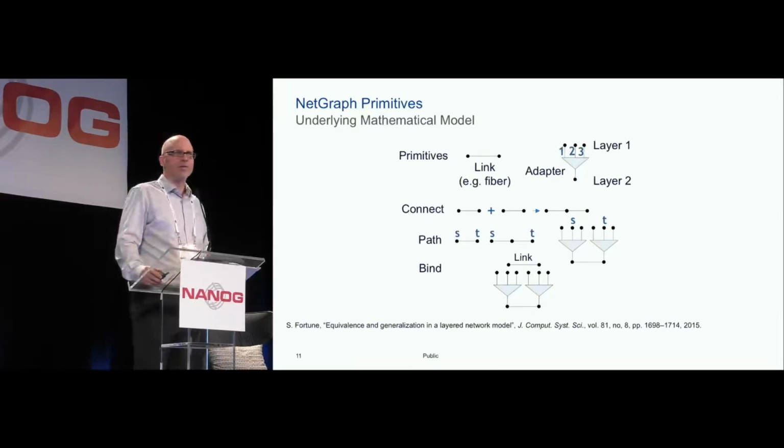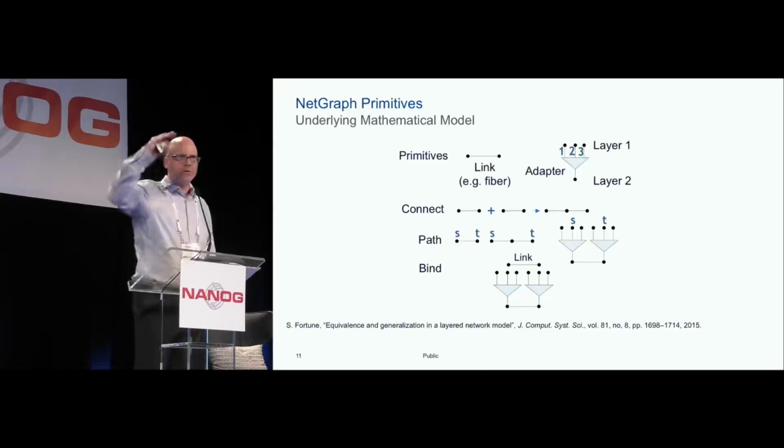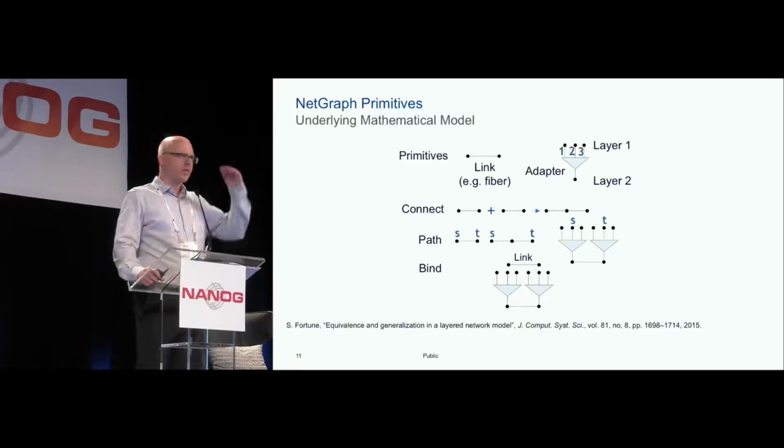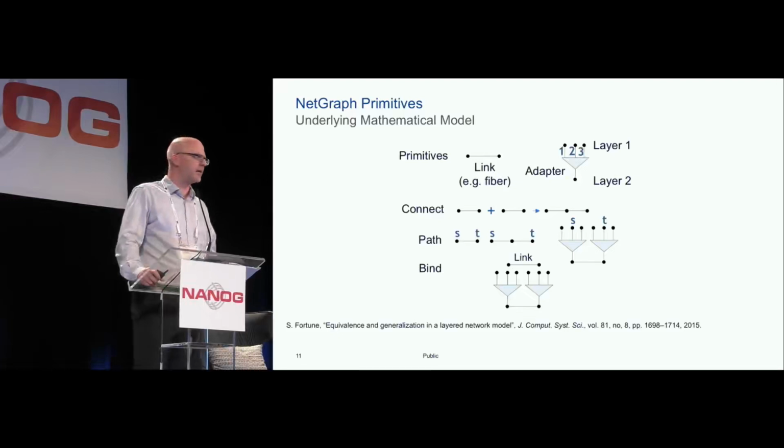We have adapters, and the adapters take you from one layer to another. So you need to define the layers in your network up front, define how you connect these layers together, and then you can do functions like connectivity tracing and making sure that you have a consistent view presentation of your network with all of its layering.